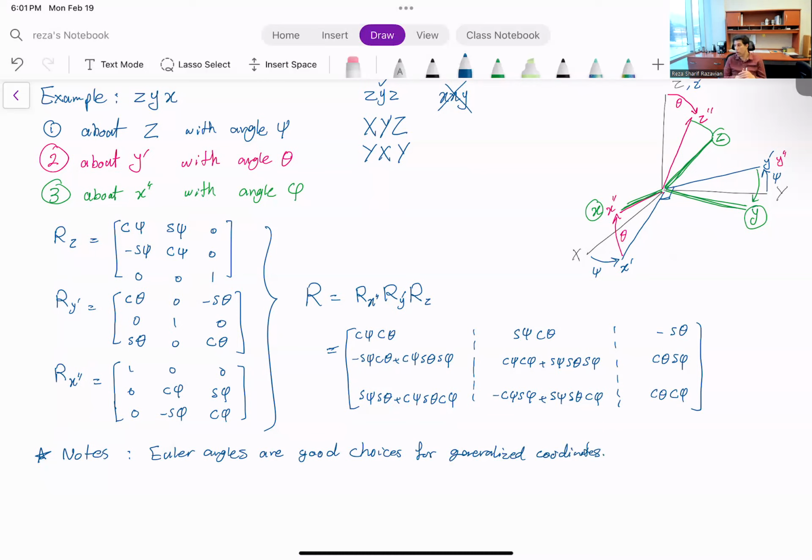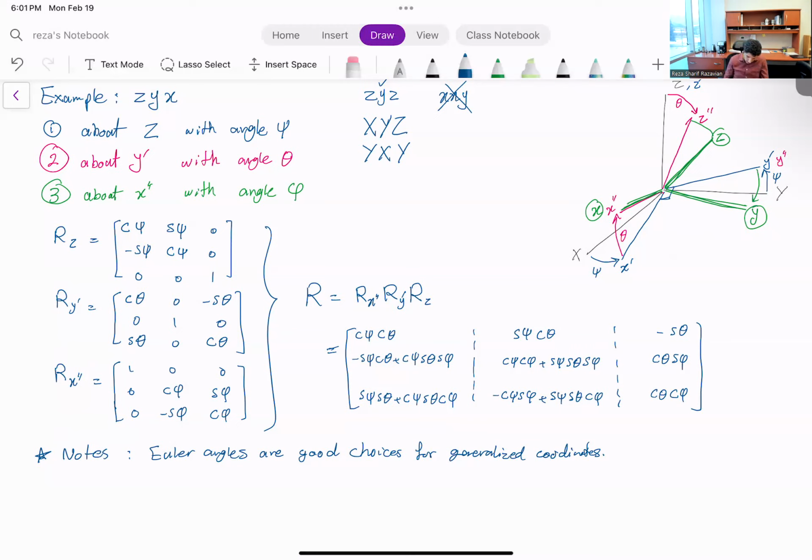Imagine you have a rigid object in 3D. You have 3 rotational degrees of freedom. To have generalized coordinates, you need to choose 3 coordinates, and these Euler angles are very good for that. That can be quite useful when we derive equations.